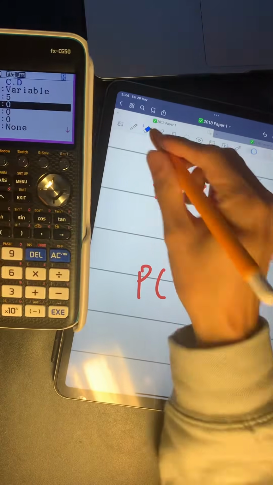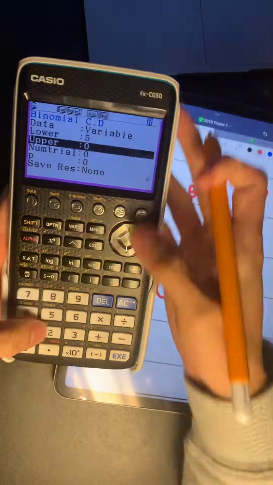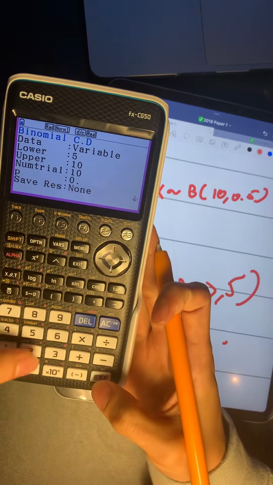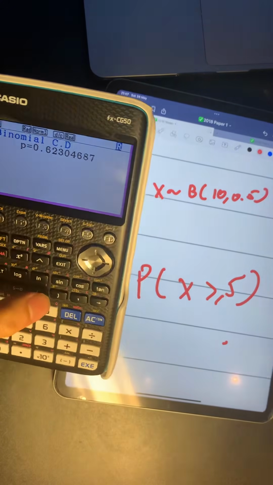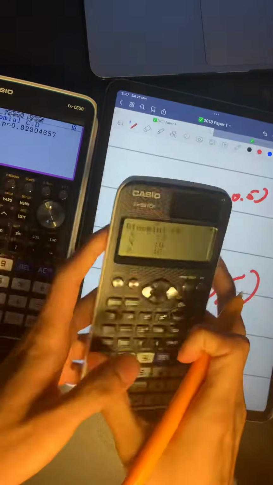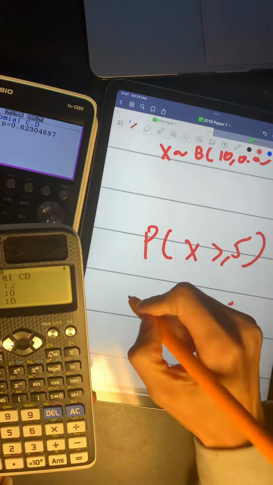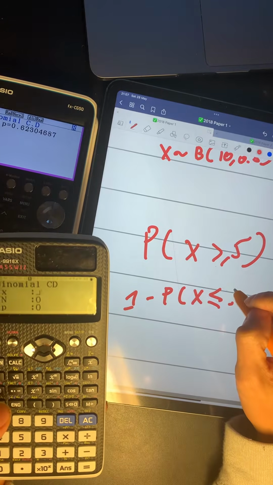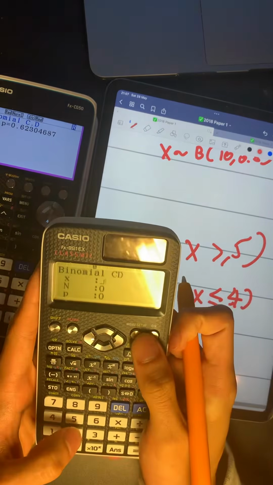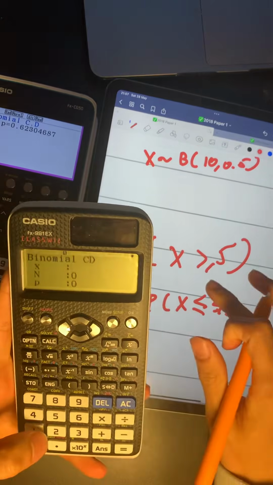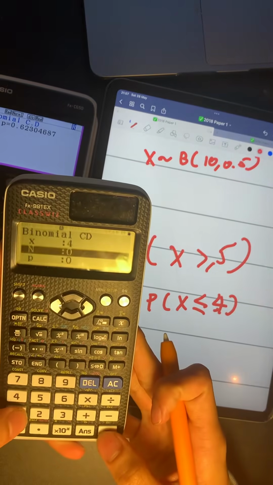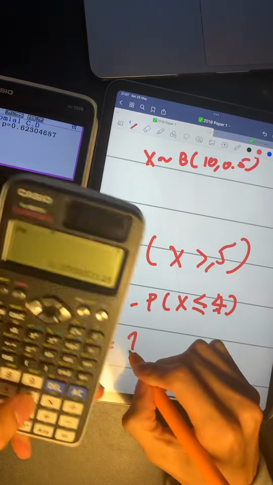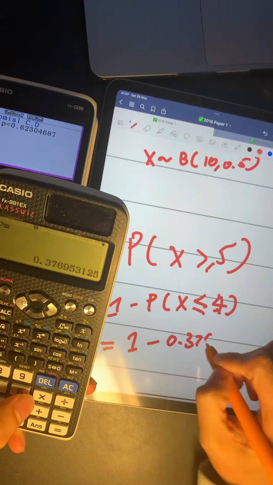Well, we could literally put in 5, and the upper value is 10, number of trials as 10, and 0.5, and the output p-value. On this calculator, unfortunately, you have to do 1 minus the probability of x less than or equal to 4. So on this calculator, it's a bit of a hassle, really. You've got to do 4, and then 10, 0.5, and then jot down that value, 1 minus 0.362, blah, blah, blah.